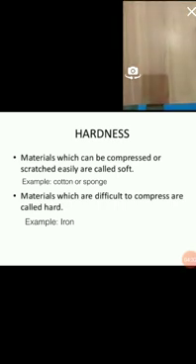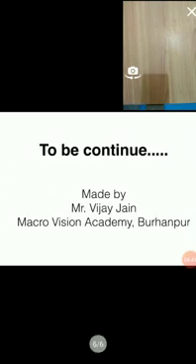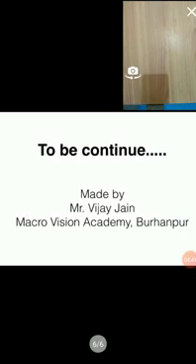The objects which can be easily compressed or stretched are said to be soft materials, and the materials which cannot be easily compressed and cannot be easily stretched come under hard materials. Hope you all have enjoyed this, and we will continue with the next properties in the second part of it.